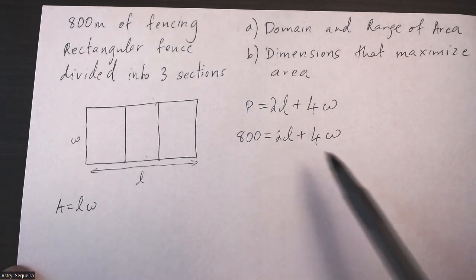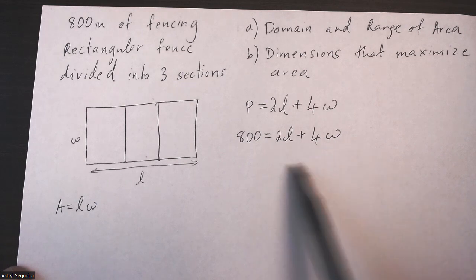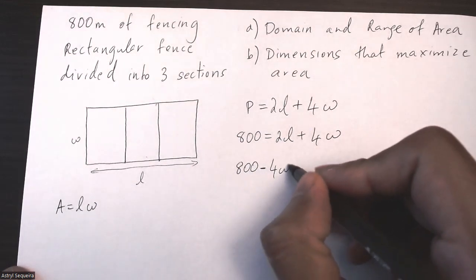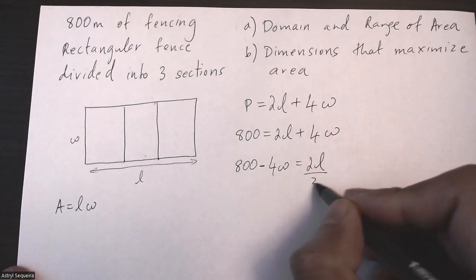Now I usually isolate the easiest variable to isolate. In this case, it's L because the coefficient is smaller. I'm going to move 4W to the other side, and then divide everything by 2.